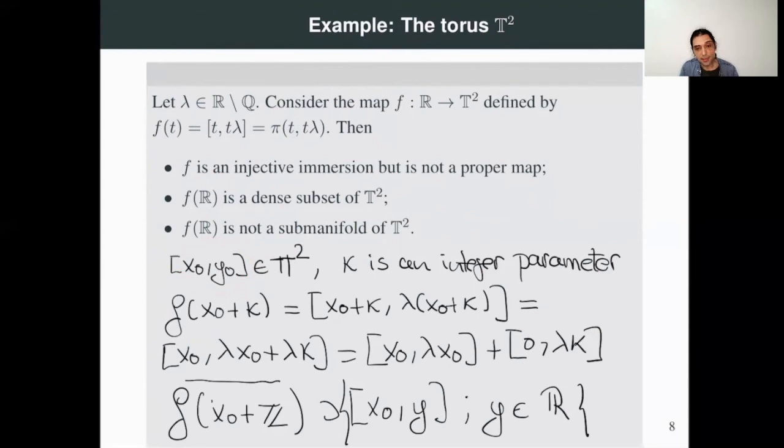Obviously, since the image is a dense subset of the torus, it's not a submanifold. We didn't explicitly define what a submanifold is, but the definition of submanifold is local. So what you have to do is just go into local charts as usual, and the definition is going to be the usual one.